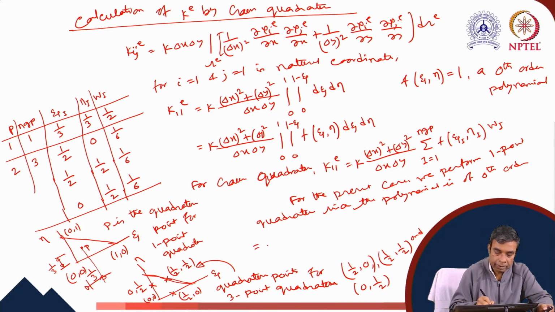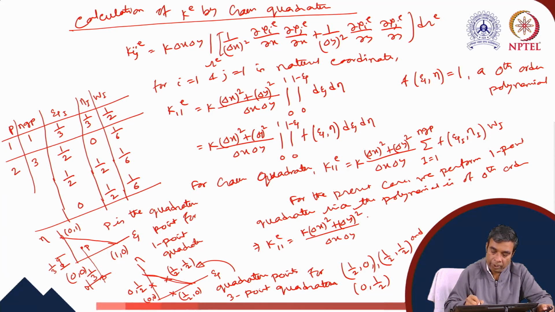This gives us k11 e equals k delta x whole square plus delta y whole square by delta x delta y into function of 1/3 into w1 equals half.